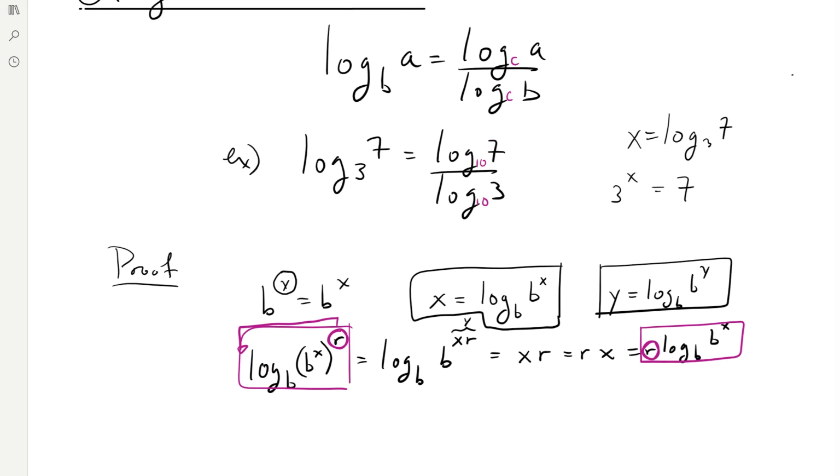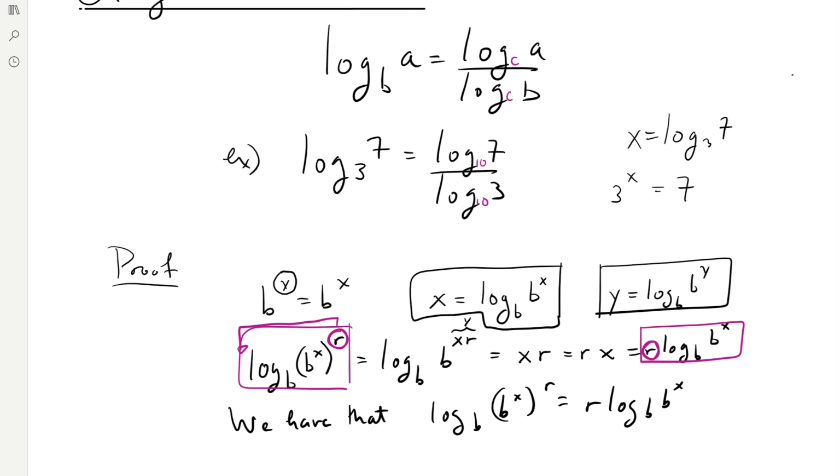So I'm going to write this. We have that log in base b of b to the x to the r is r log in base b of b to the x. Now, b to the x is going to be some number.